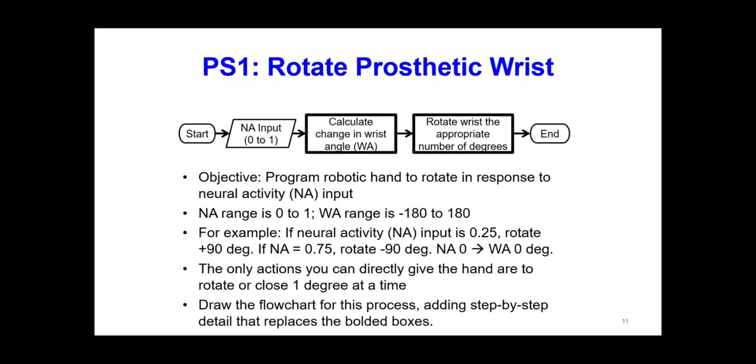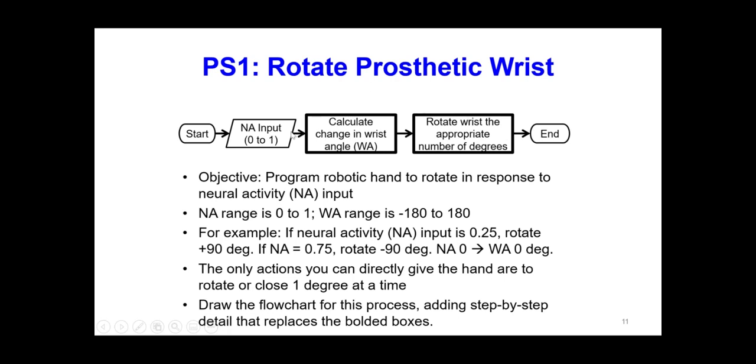So now, considering these different steps of problem solving using flowcharts and control structures, let's go back now to the problem set. So in the problem set, you're going to be asked to program a robotic hand to rotate in response to neural activity. So this neural activity is going to be between 0 and 1, and you're going to calculate the change in wrist angle, and then you're going to have it rotate the appropriate number of degrees.